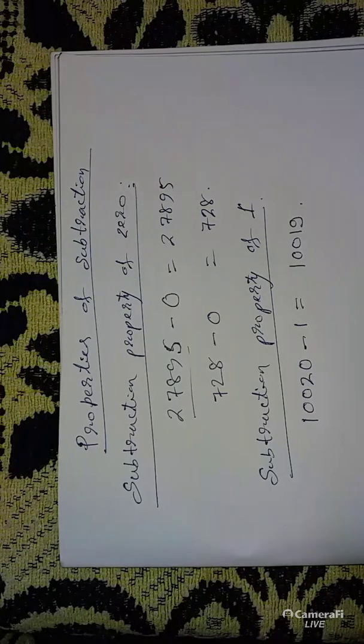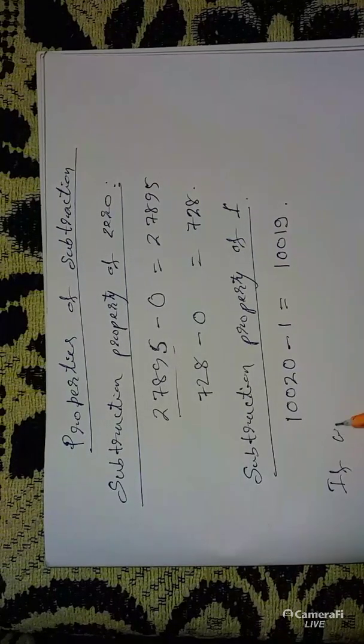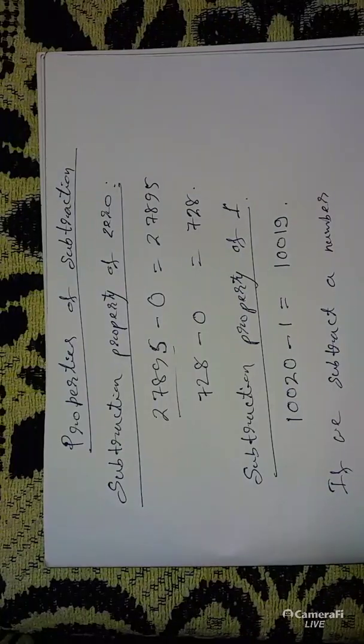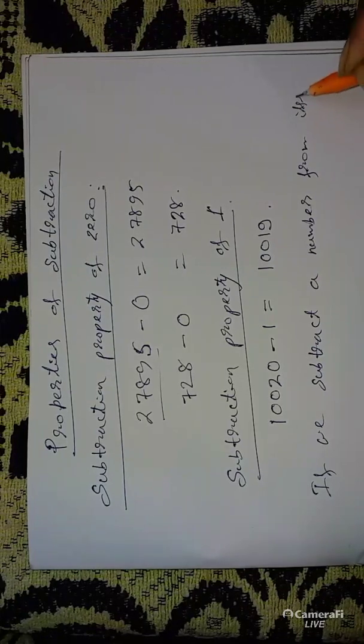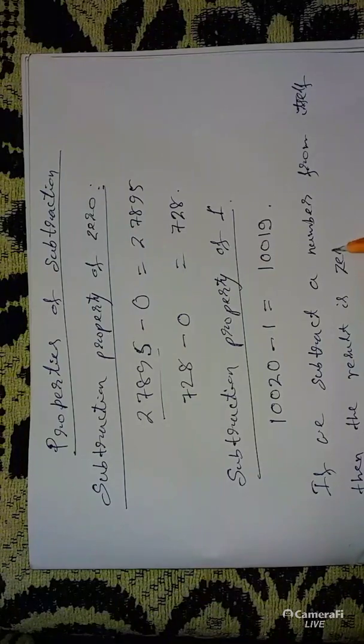Okay. Now, the third property is if we subtract a number from itself, then the result is 0.